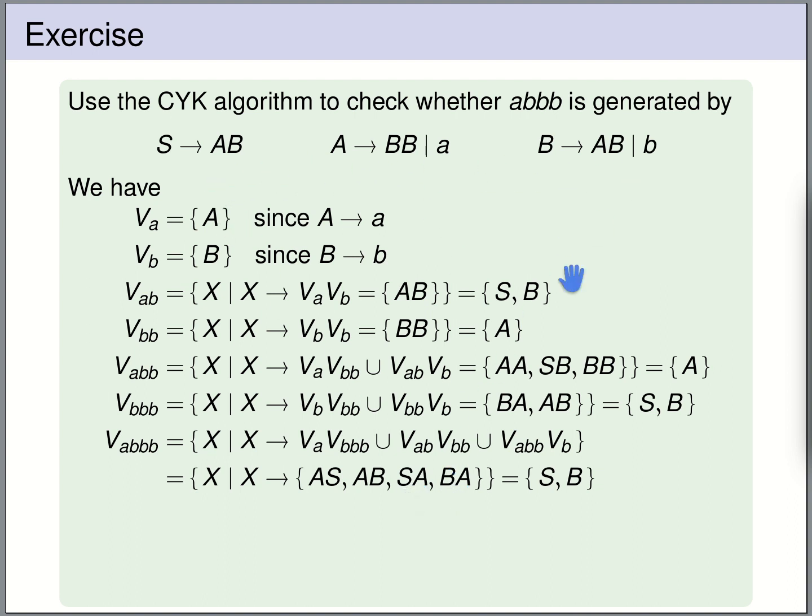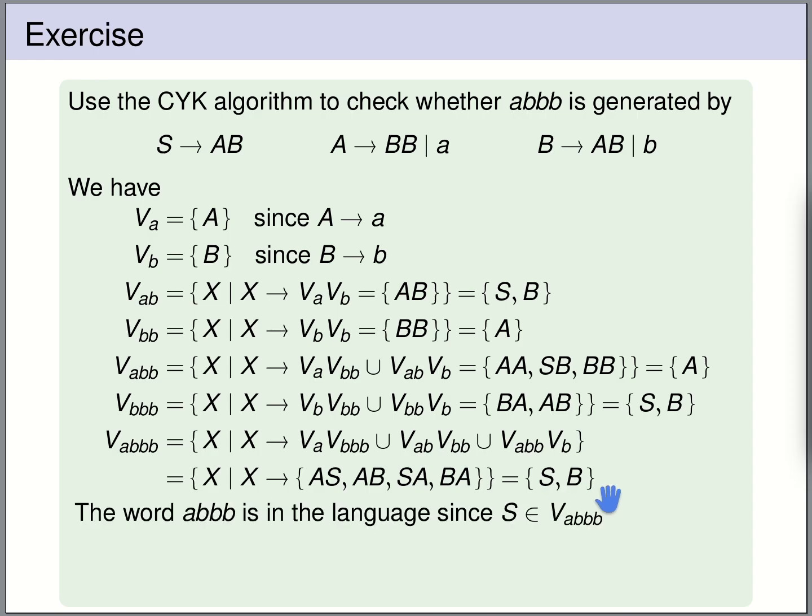BA appears never. So indeed we only have S and B in this set. Now we are allowed to conclude that the word ABBB is generated by our grammar because the starting variable is in the set VABBB.